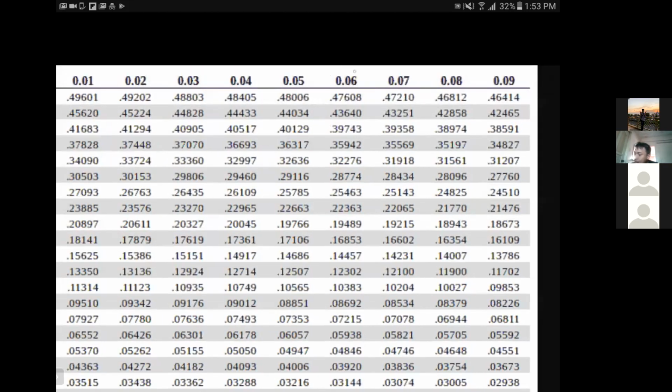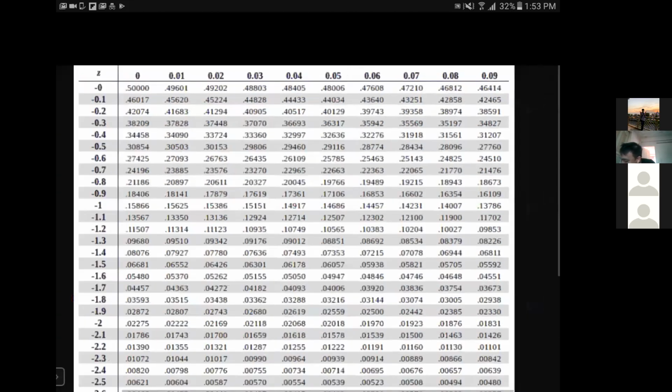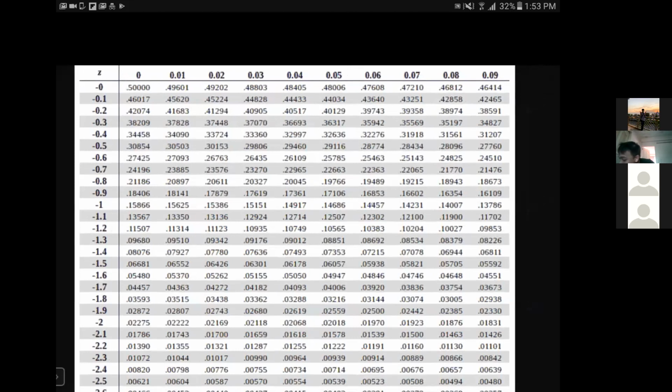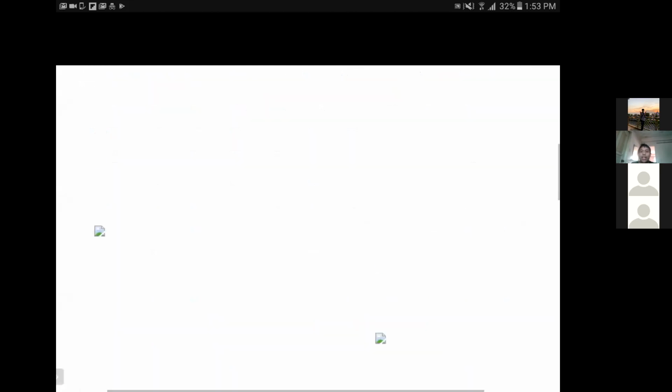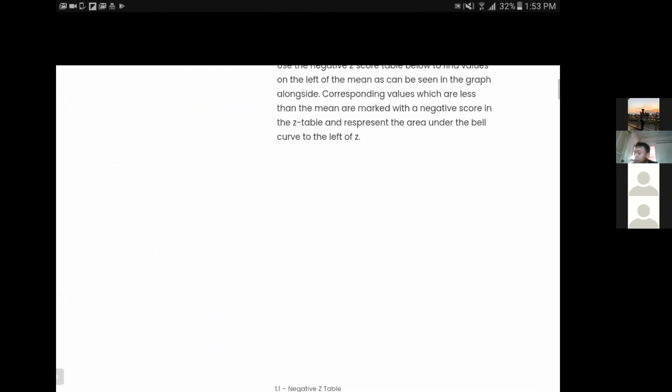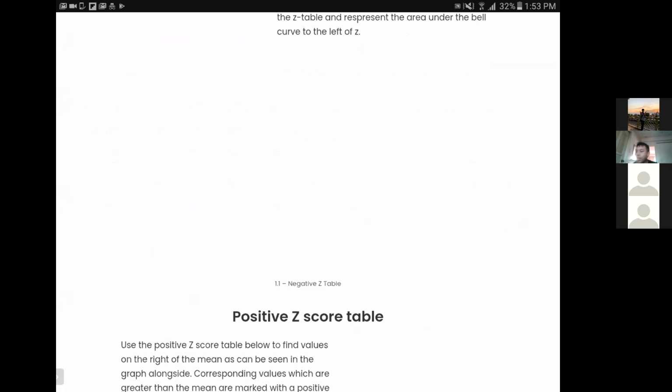So ito siya, 0.1446. Ganun yung mangyayari. Joko, nasagot naman question mo. Lagi yung first column tsaka first row, sila yung z-scores. Lahat ng nasa gitna probabilities yan.